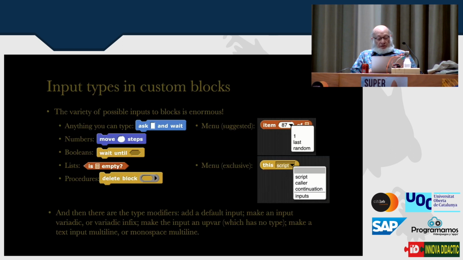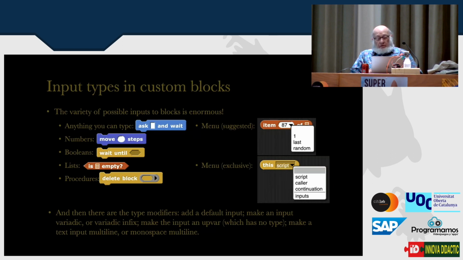So that's a suggested menu. And then there's an exclusive menu, like this block, where the input slot is the same color as the block, and that means you can't type into it. So your only choices are these four choices for this particular menu.